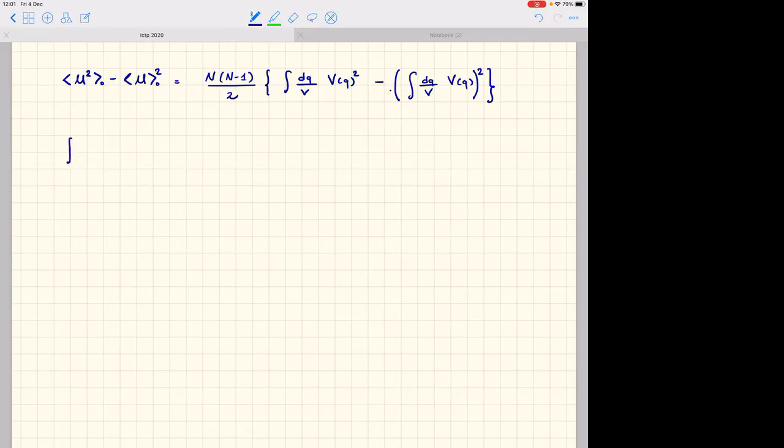Well, the first one, the integral dq of q squared, is straightforward to compute. It is the same as before. I will get omega d gamma d v naught squared, and then L to the power d divided by 2 times the volume.